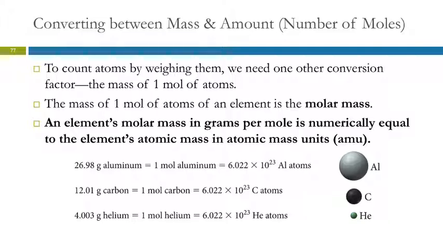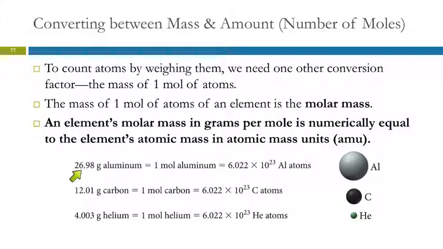The molar mass is the mass of 1 mole of the stuff. An atom's molar mass in grams per mole is the same number as its atomic mass in atomic mass units because of how atomic mass unit and mole are defined. It was done this way intentionally because it's really convenient.